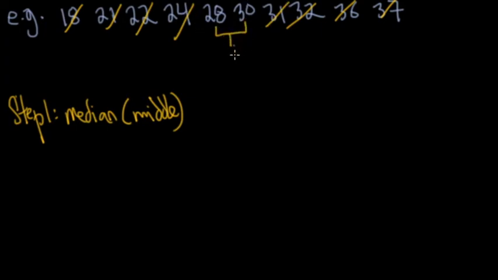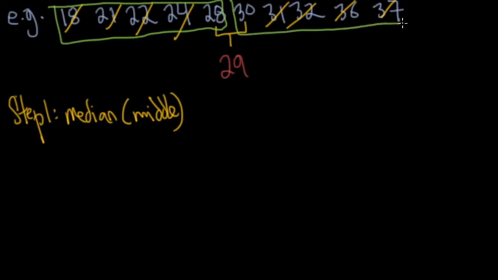The average of 28 and 30 would be 29. Cool, so the median is 29. That means you are left with this as your bottom half and this as your top half.